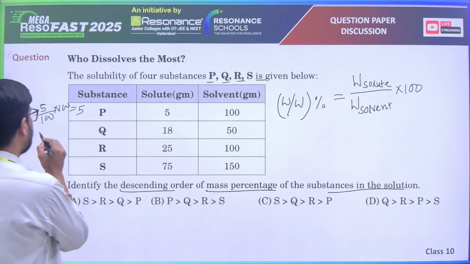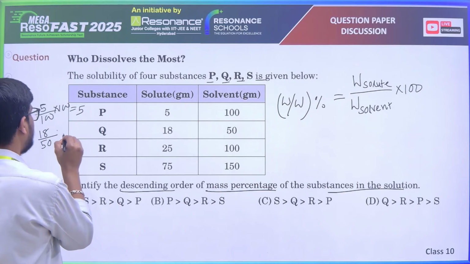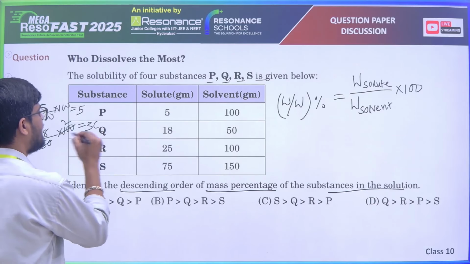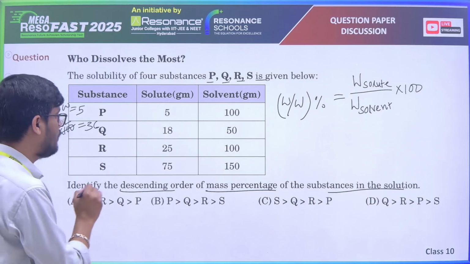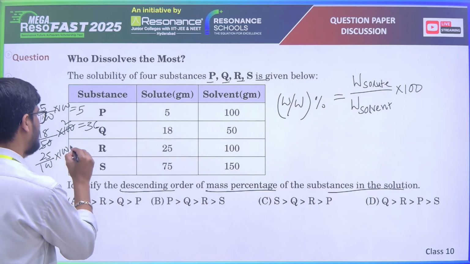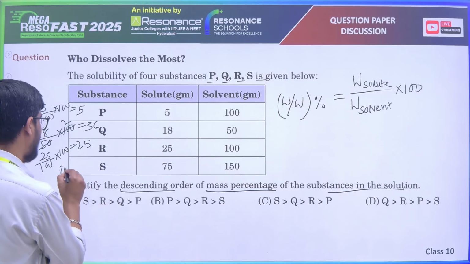Now for Q, it is 80 divided by 50 into 100. For R, 25 divided by 100 into 100, which gives 25. For S, it is 75 divided by 150 into 100.